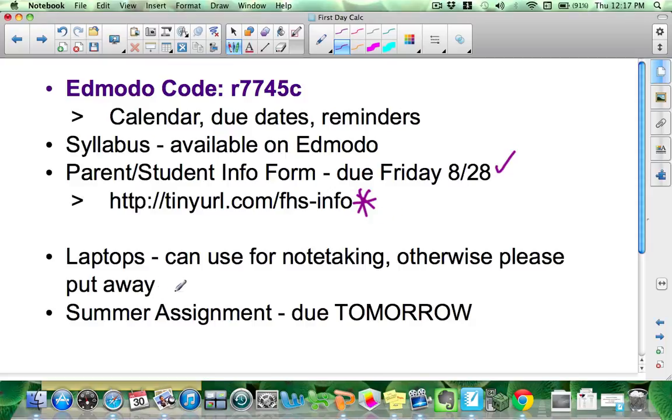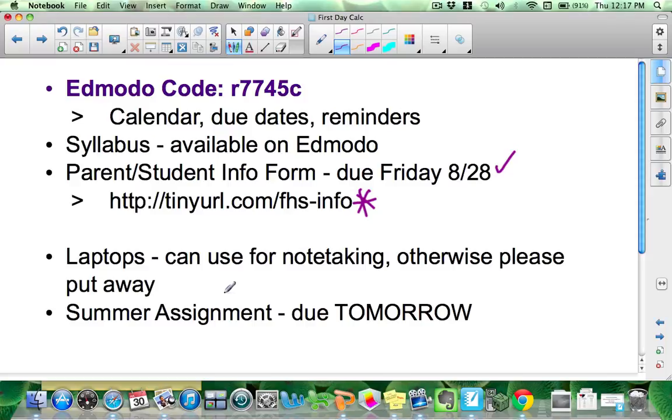I know that you all have laptops this year, and those are great, and we will use them extensively when I come back. However, I did not have the capability of planning for their use while I'm out. And so for now, let's just say that your laptops can be used for note taking. But if you're using them for anything else other than that, I'm going to ask that you just put them away, okay?